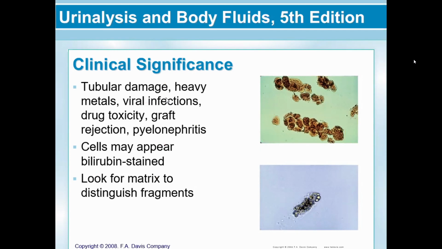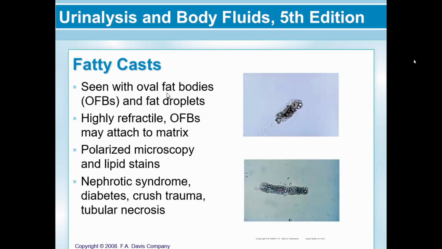Okay? So next we have your fatty casts, okay? They're seen with your oval fat bodies. So if you observe, guys, you cannot mistake it for a bacterial cast or red cell. Because you see, guys, the globules are very refractile. They're highly refractile, okay?